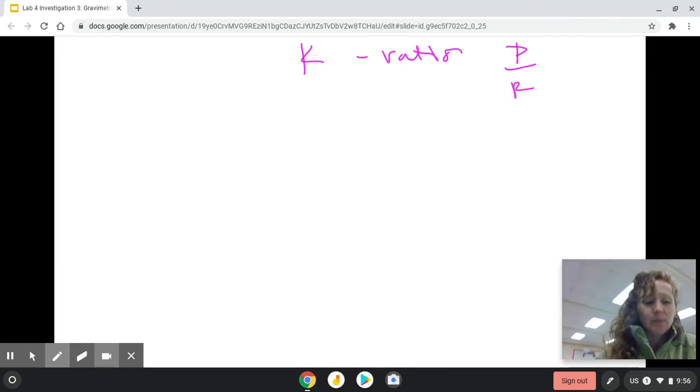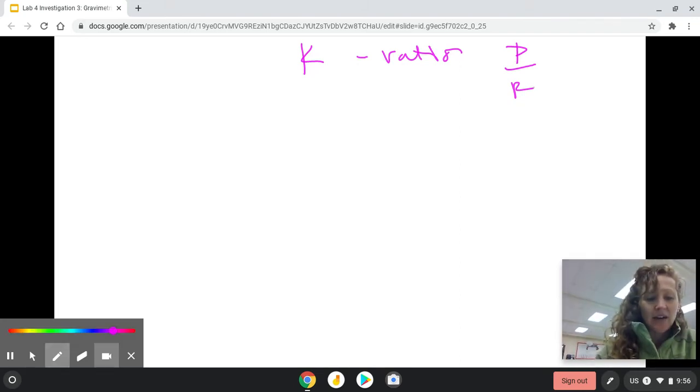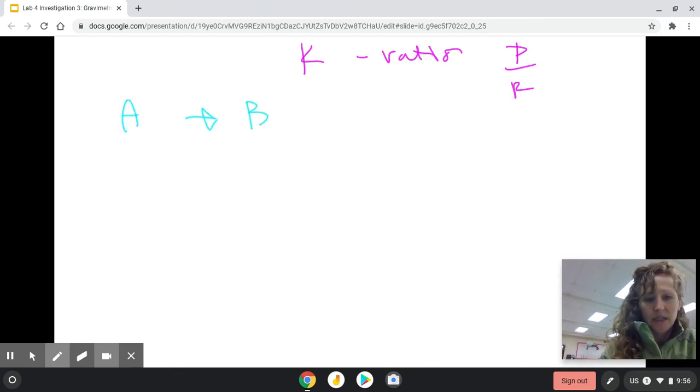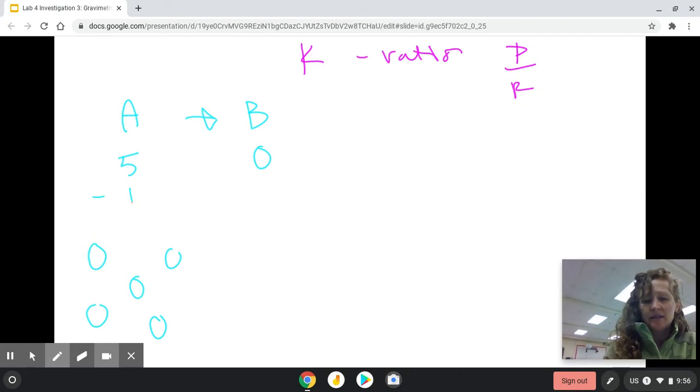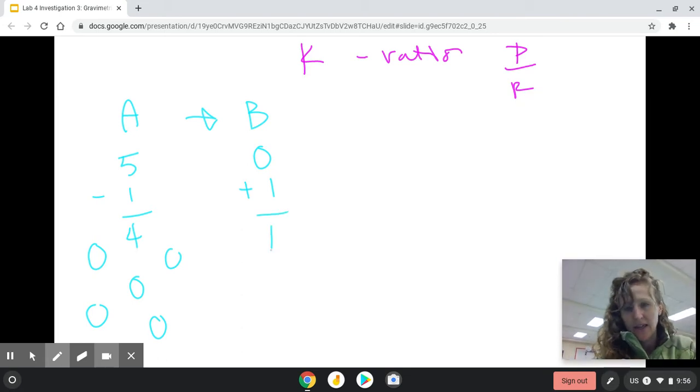Okay, so for example, let's say we have A and it goes to B. If we start with 5 A's, molecules that look something like this, and 0 B's, and we use up 1 A, so therefore we form 1 B, and we're left with 4 A's and 1 B that is made.